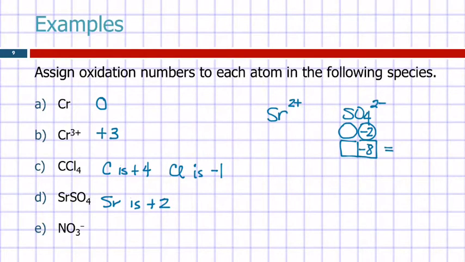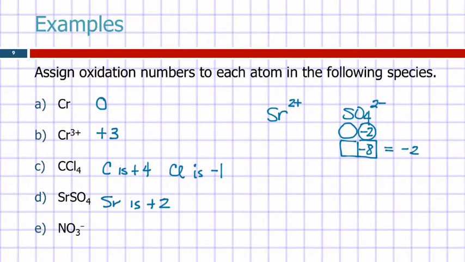Here, the numbers in these 2 boxes have to add up to what? Negative 2. When it was a molecule, like CCl4, where the overall charge was 0, they had to add up to 0. But this is a polyatomic ion, and so all the oxidation numbers have to add up to the overall charge, negative 2. So we need these to add up to negative 2.